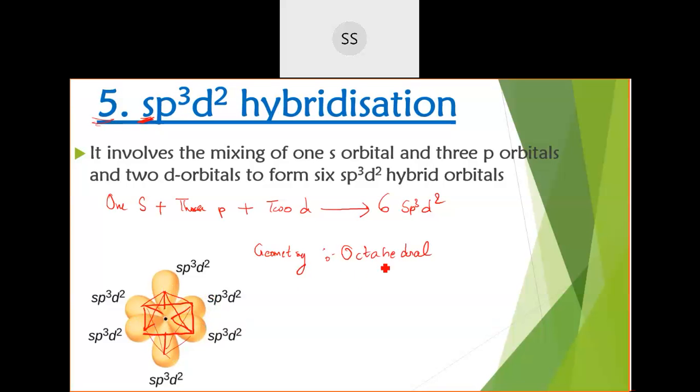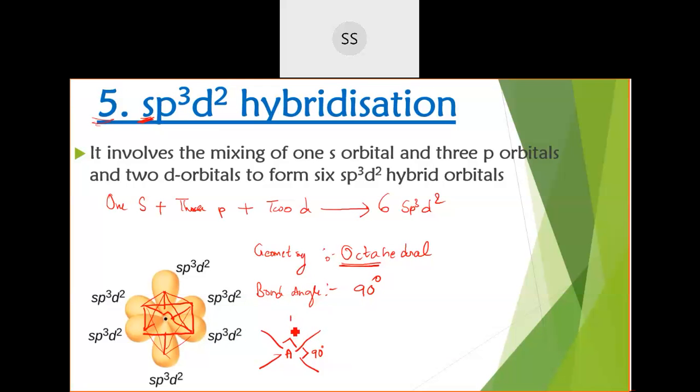Yes, very good. The bond angle between them will be 90° each. Let me draw once again: this side I will take, and the central atom is A. This angle on the plane is going to be 90°, everywhere 90°.